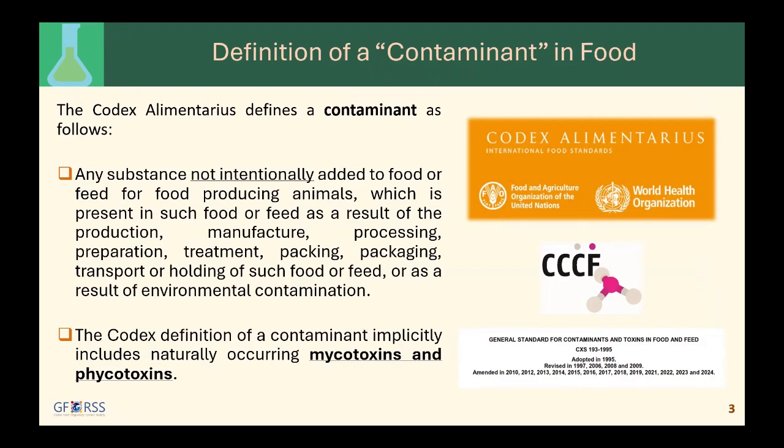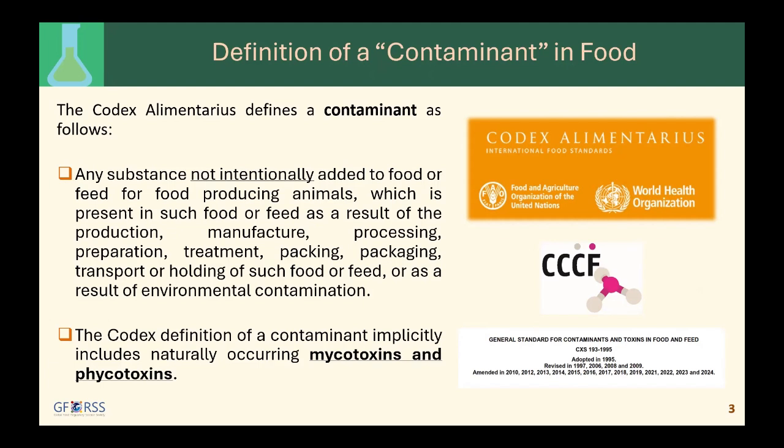So the non-intentionality of the presence is very important in this definition, which is present in such food or feed as a result of the production. So my production process could introduce a contaminant. And here I can stop and you can give me a lot of examples, right?